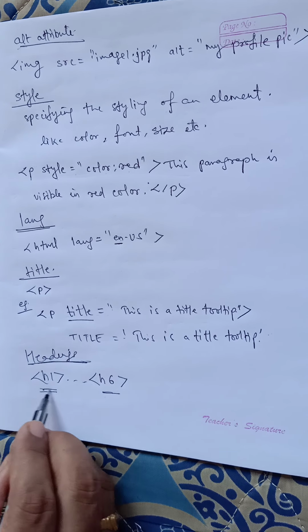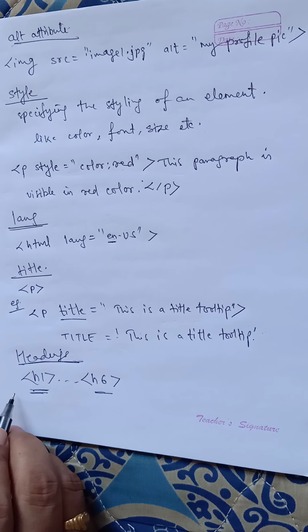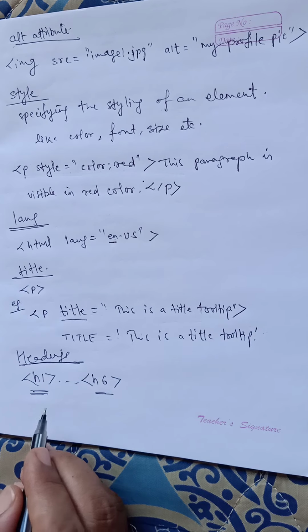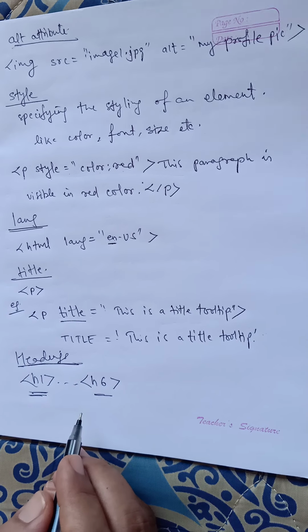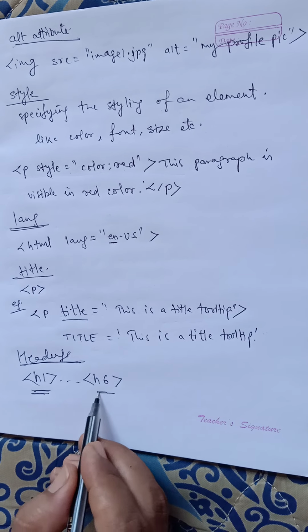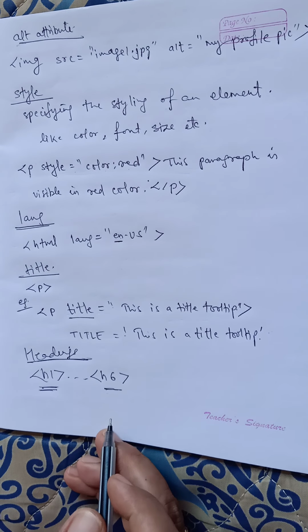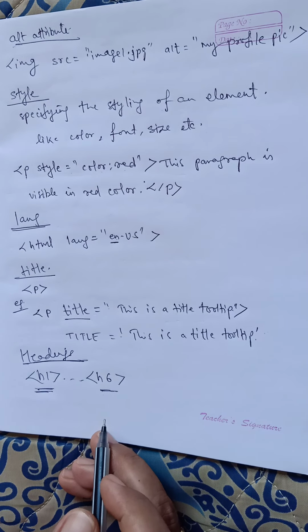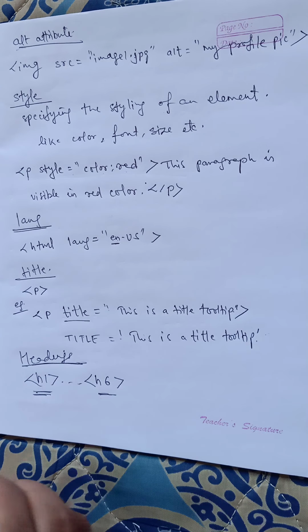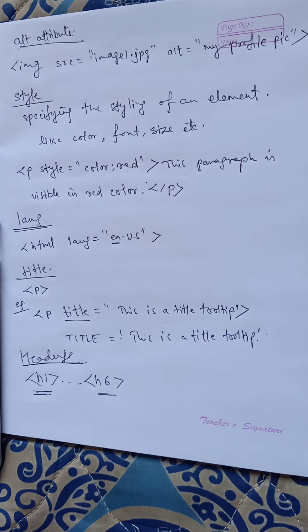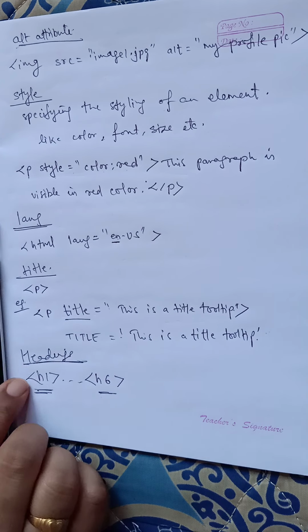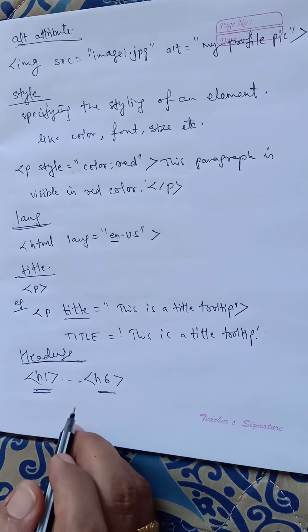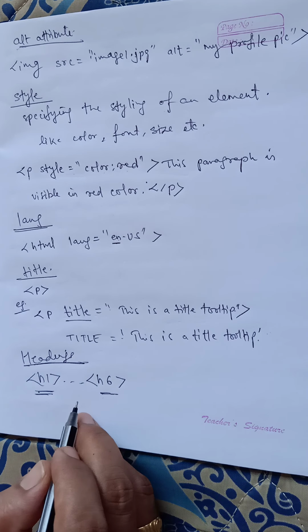H1 should be used for your main headings, followed by H2 headings, and then it goes on, and the least important is H6. By default our headings look bold, so we should not be using bold and other things for displaying the headings.